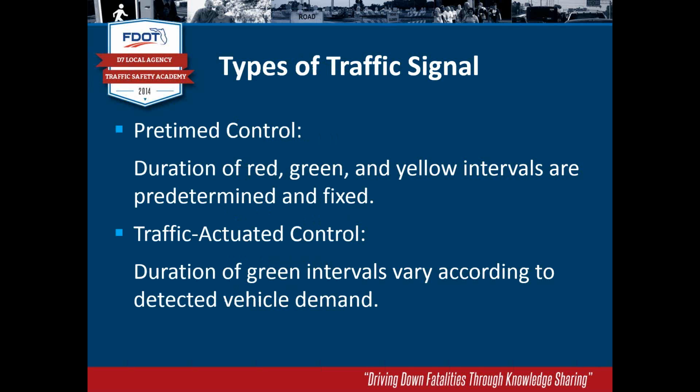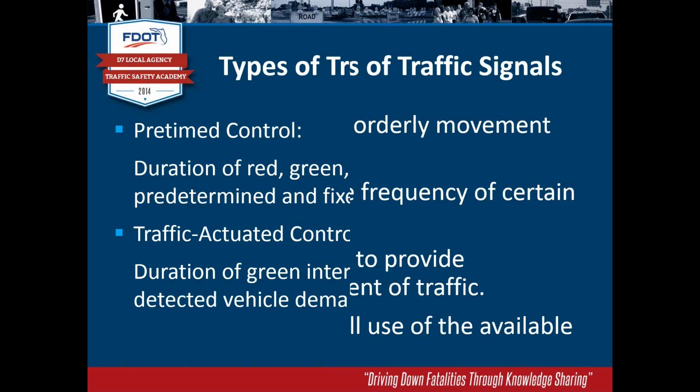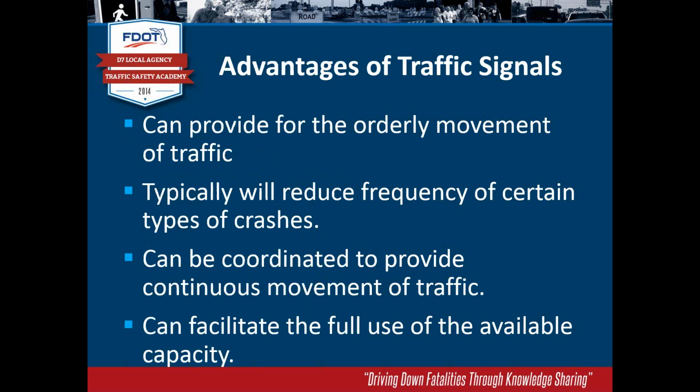The other type we're going to talk about today is traffic actuated control, and this is where the duration of the green intervals can change from cycle to cycle according to how much vehicle demand is actually detected out there on the road. And we'll talk a lot about that as we go through this. The other one that's commonly used is semi-actuated control, which is really a hybrid of the two, and it's used primarily in corridors where you're trying to coordinate signals so that you have coordination between adjacent signals.